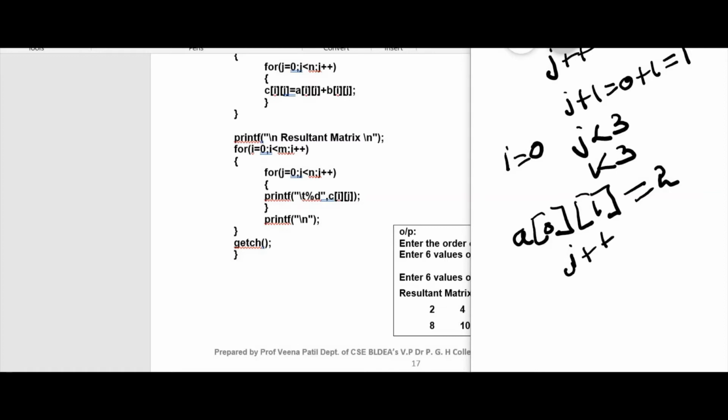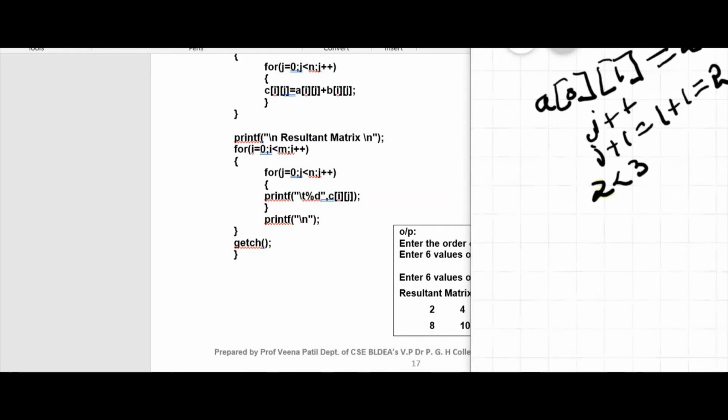Now for the next iteration, again the value of j is incremented. So now j becomes, it was already 1, now j plus 1 is equal to 1 plus 1, which is 2. Yes. So 2 is being checked. Is 2 less than 3? Yes.